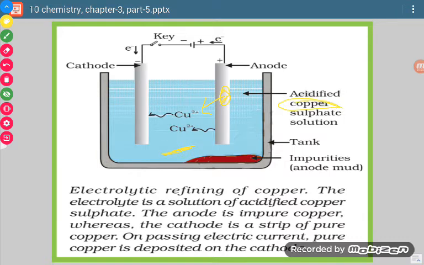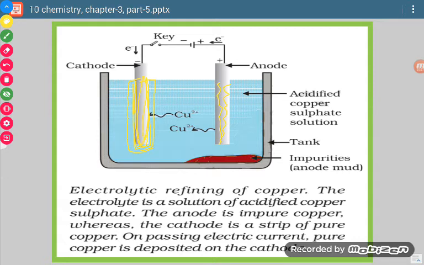As many atoms have come into the solution as ions, that many ions will move and deposit at the cathode. With the passage of time, the anode will start decreasing and become thinner and thinner, whereas the copper gets deposited on the cathode, and so its thickness will keep on increasing with the passage of time.